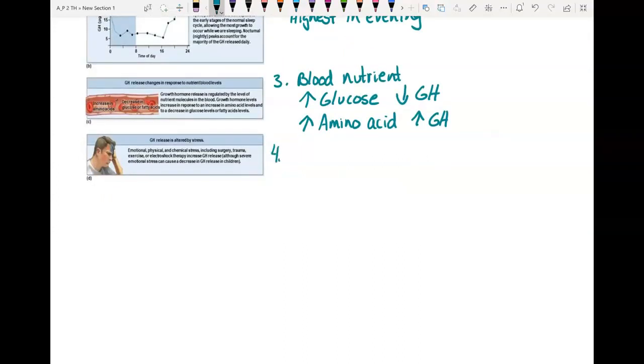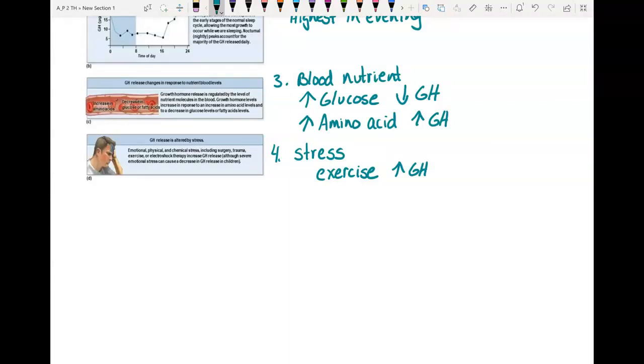The fourth one is stress. So this can go either way depending on the stress. If you have stress like in the form of exercise, kind of mild stress, that will increase growth hormone. So again, kids getting out and running around and playing outside, getting some exercise can increase the growth hormone.